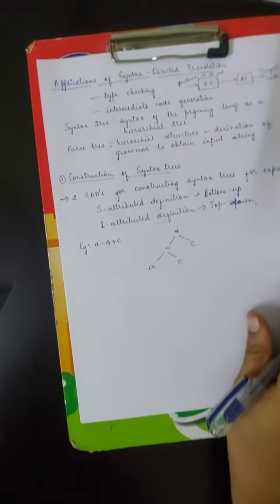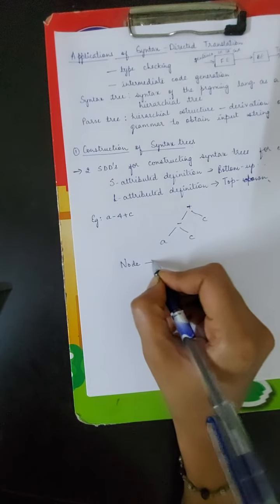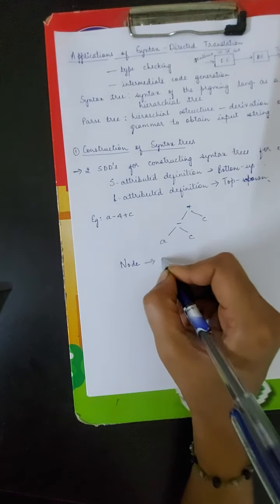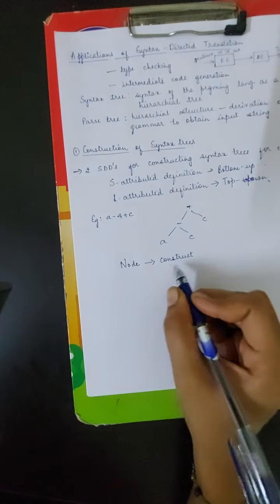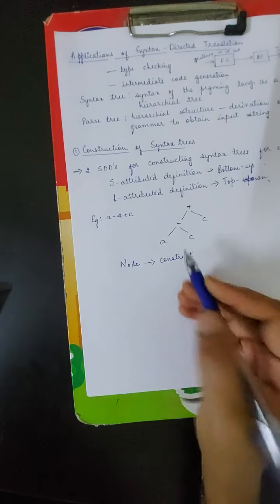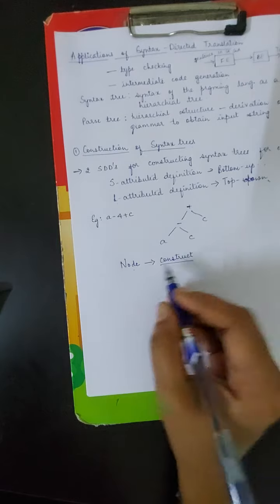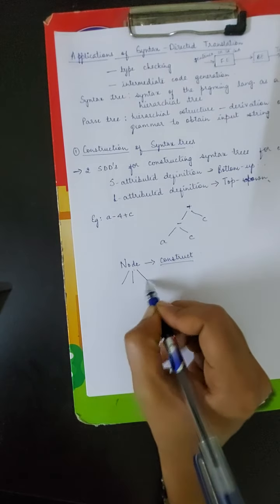Alright, the syntax tree has nodes, right? Syntax tree is represented using nodes, and each node in a syntax tree represents a construct. If this is a node, this node has various children.